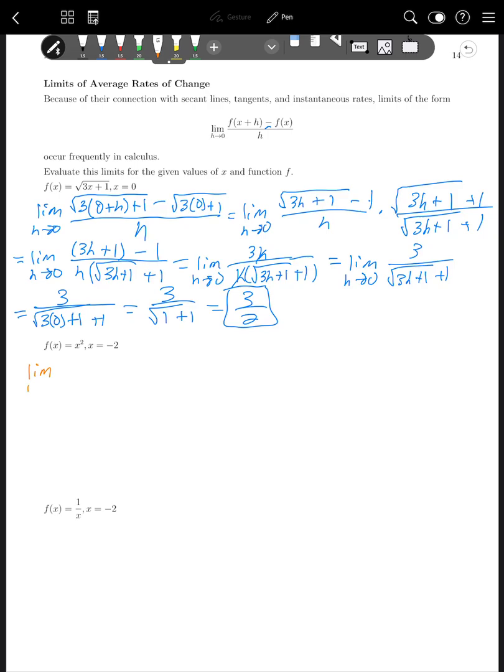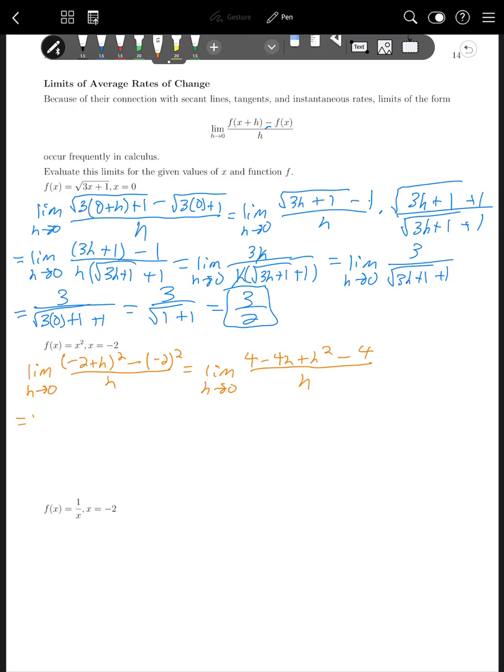So this is the limit as h approaches 0. And we plug in x plus h first. So x plus h in this case is going to be negative 2 plus h squared minus, and then we do f of x. So f of x is going to be negative 2 squared over h. So that's the limit as h approaches 0 of 4 minus 4h plus h squared minus 4 over h.